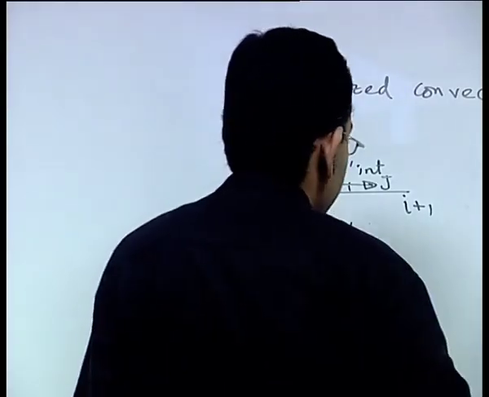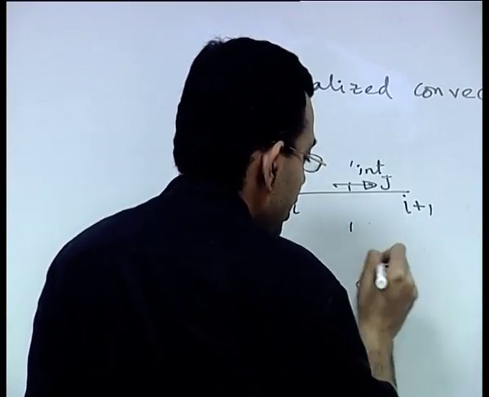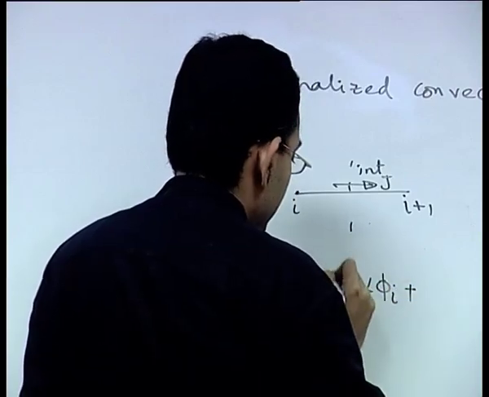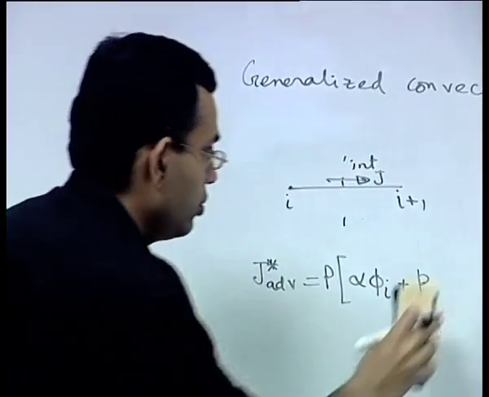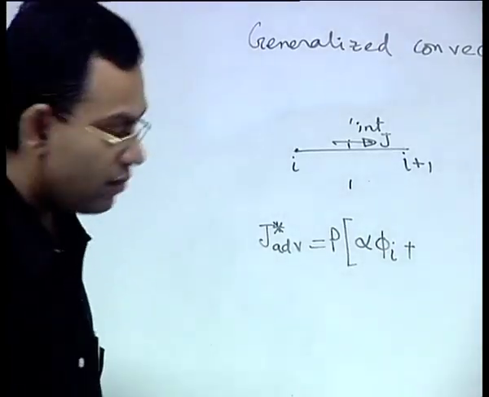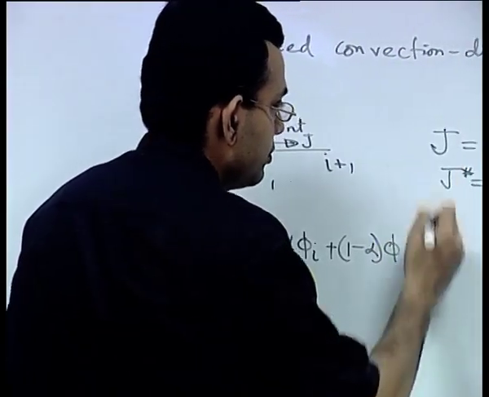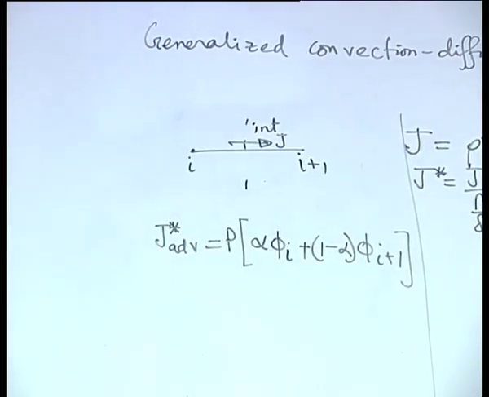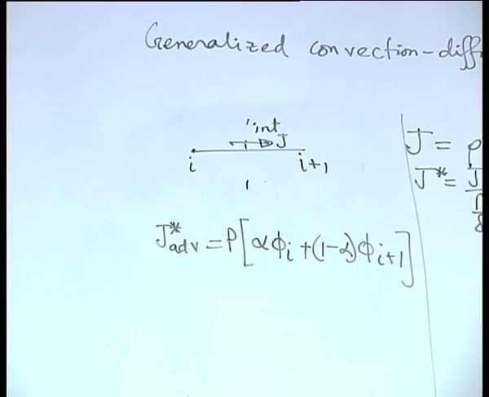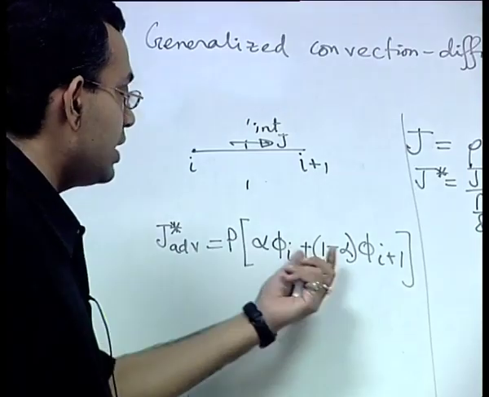So, you can write alpha into phi I plus one minus alpha into phi I plus 1, where alpha is that weighting parameter.